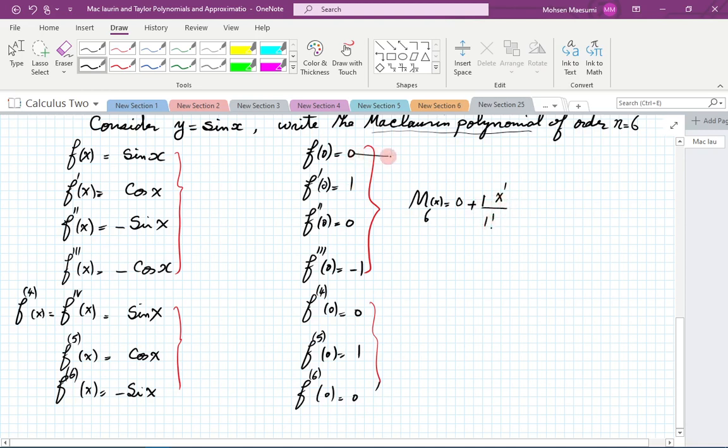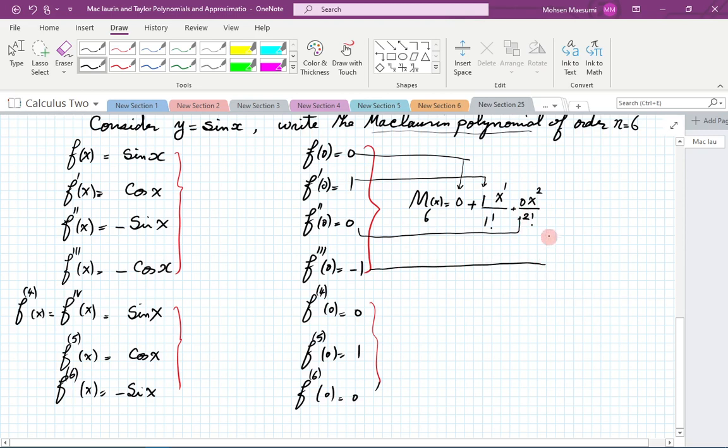So this one, we are going to have lots of numbers that look like each other, but let's keep track of. So this is 1, 2, well, that one turns out to be 0, x to the power of 2 over 2 factorial. 0 here means, well, you don't need to actually bother with it, you don't need to write it.